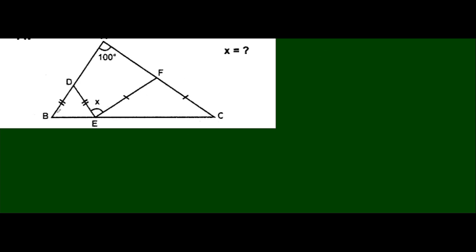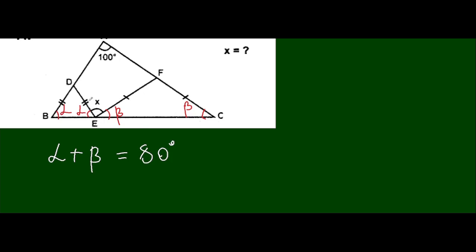Here we can put alpha, and some beta. Here will also be beta, because these sides are equal, so the angles will also be equal, and this is alpha. From the triangle ABC, we write alpha plus beta, the B angle and C angle, and the sum will give us 80 degrees.